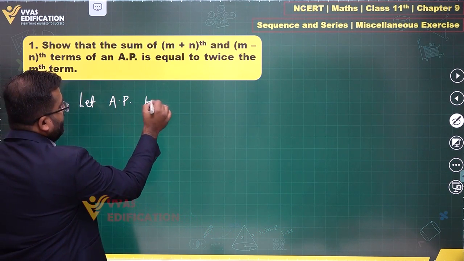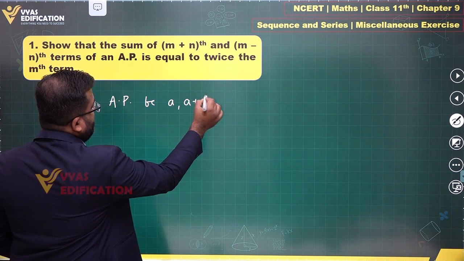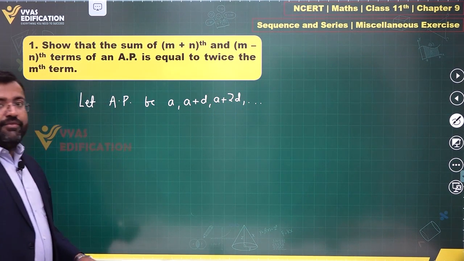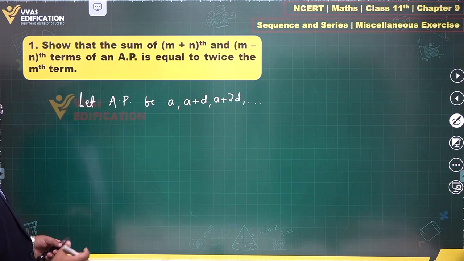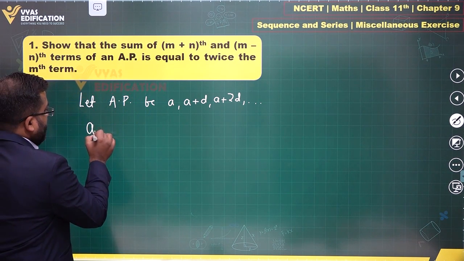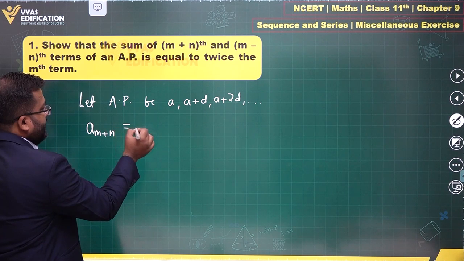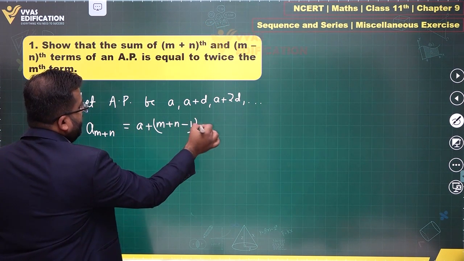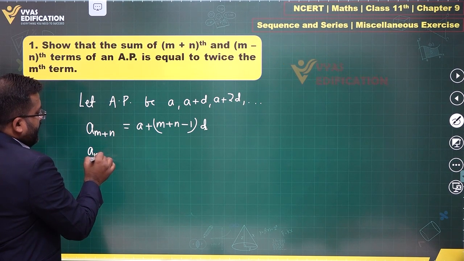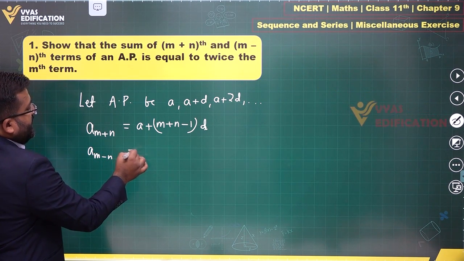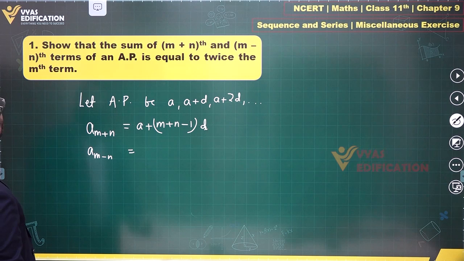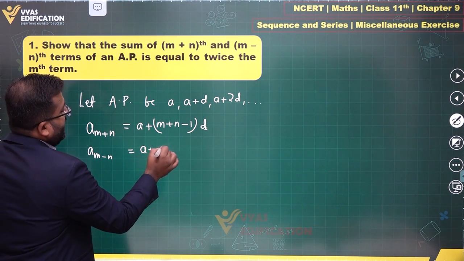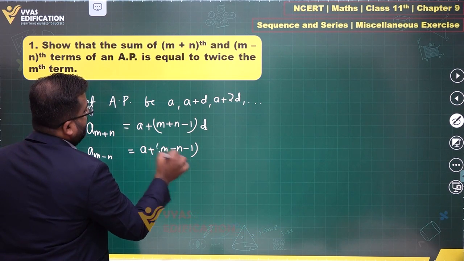Let us say arithmetic progression be a, a plus d, a plus 2d, dot, dot, dot, something of this sort, right? And when we talk about m plus nth term, a m plus n, what will that be? That will be a plus m plus n minus 1 d. Then you have m minus nth term, which is equal to a plus m minus n minus 1 times d.